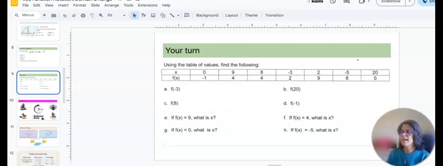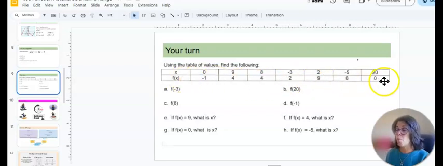So now we've looked at how to use function notation by interpreting it from a graph and by using an equation for the function. But you also may be asked to do this using a table. And so I'm given a table describing the function f. Notice I have a horizontal table here. The first row is x.